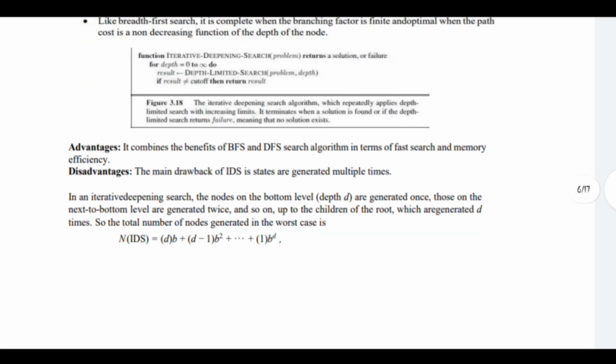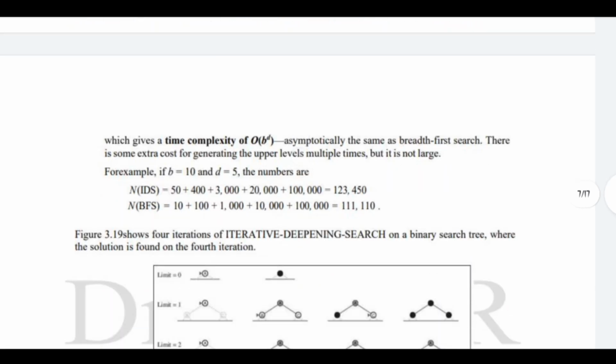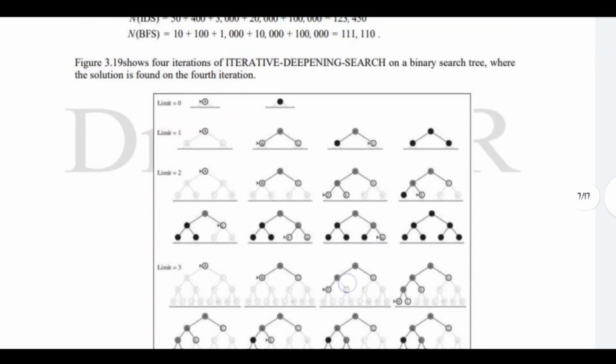Its advantages and disadvantages are very important, and a small formula is also given, which is important too. So see this.